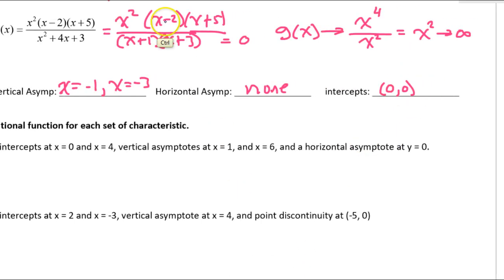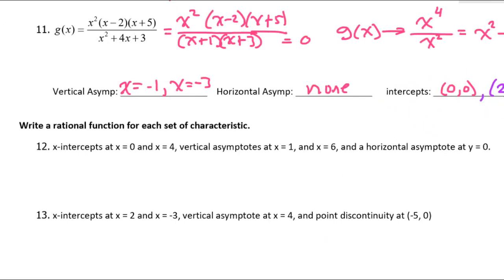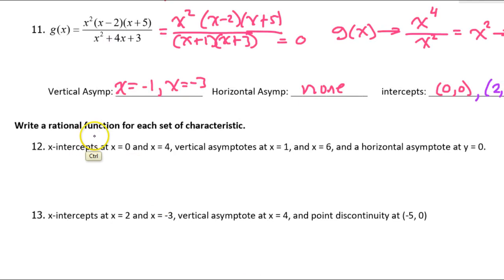Okay, if I set x minus 2 equal to 0, I'm going to get positive 2. So that's an x-intercept of 2, 0. And from the x plus 5, I'm going to get negative 5. So that's negative 5, 0. So those are the three intercepts. Okay.